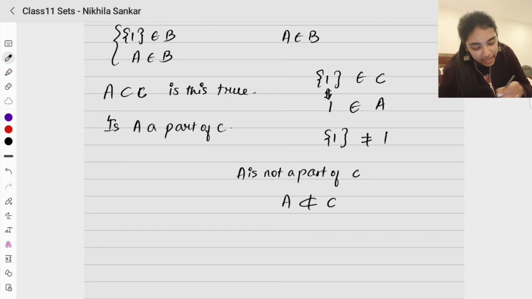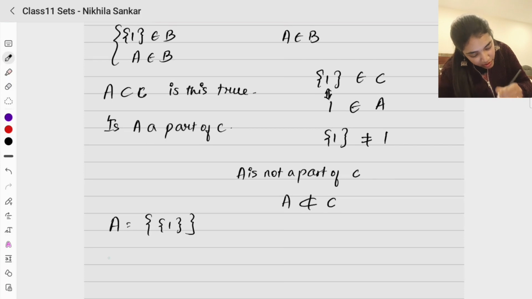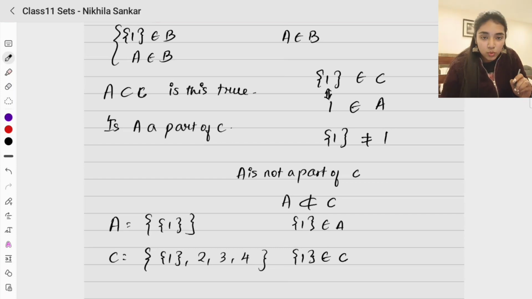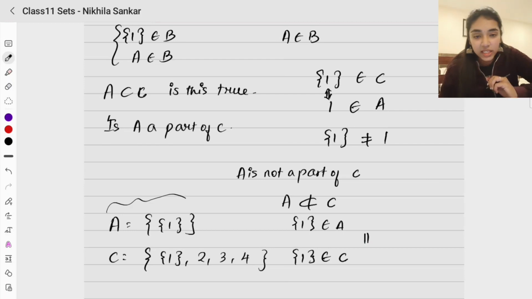If A is a subset of C, how should A be? A has to be like this. What elements does C have? I have 1, 2, 3, 4. So 1 belongs to A and 1 inside curly bracket belongs to C. So these two are equal. If A were like this, you could equate both.